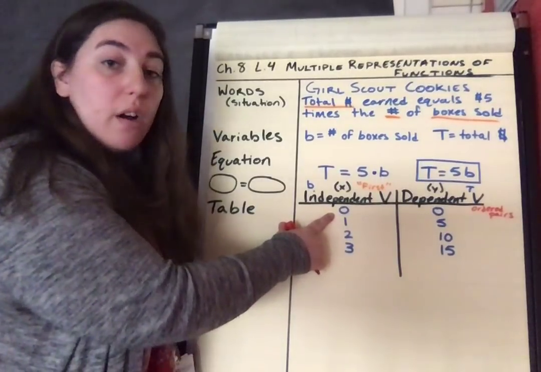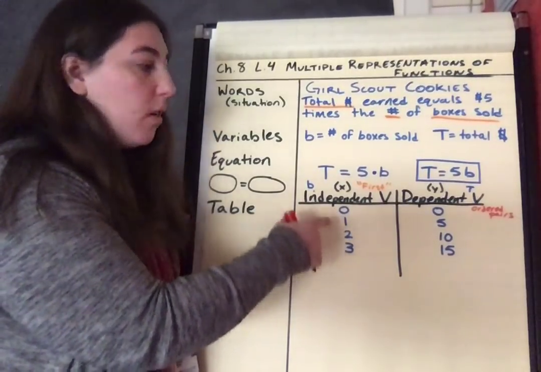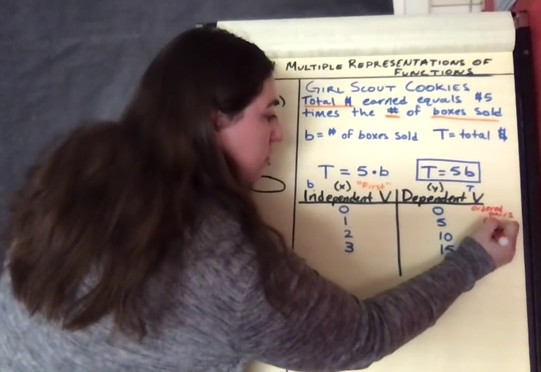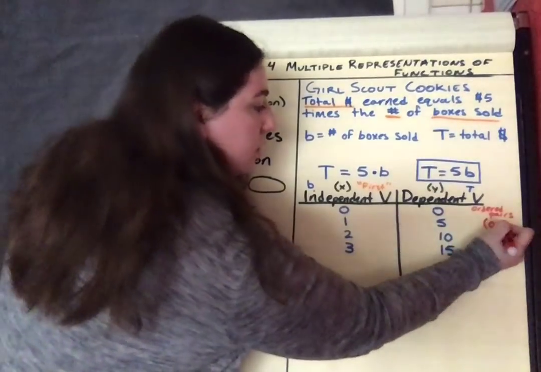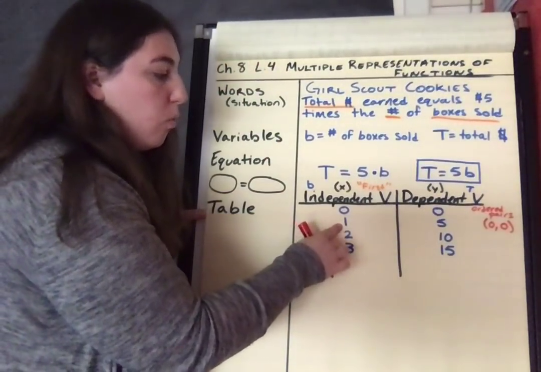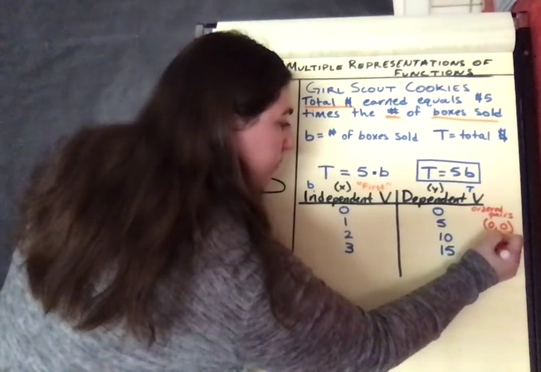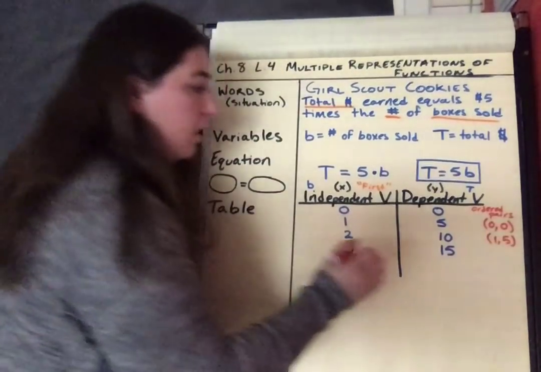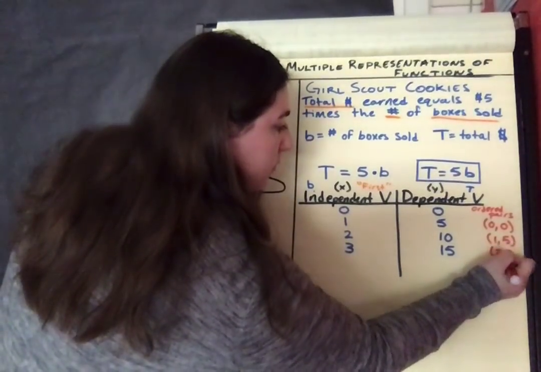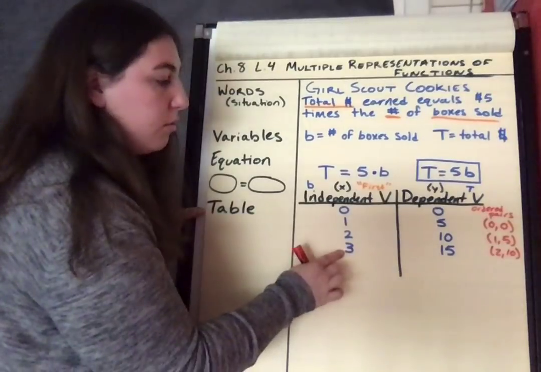We always write our x first, then our y. So x comma y. So here's my first x. So 0 comma the y, which is 0. My next ordered pair, 1, 5. Next ordered pair, 2, 10. And 3, 15.